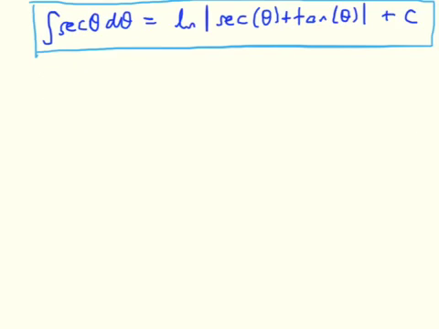So on the previous slide, we obtained this result for the integral of the secant of theta, and the thing that we should now do is to check that it's correct, and we check it by differentiation.